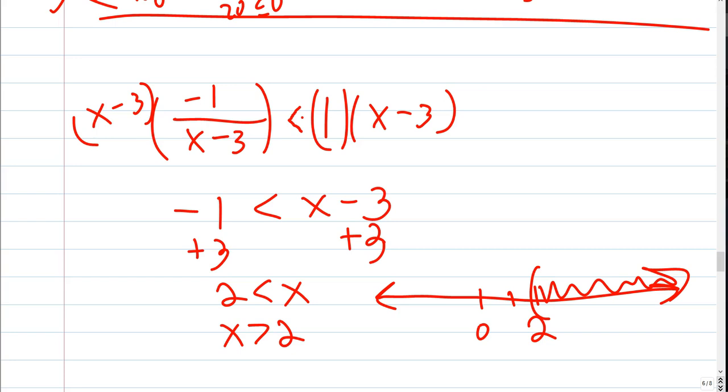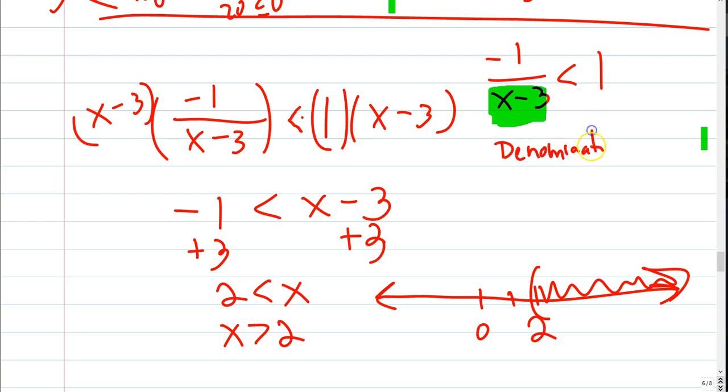One issue, though. See, with our original equation, there's a restriction whenever I have a rational equation. The denominator cannot equal 0, which means x minus 3 cannot equal 0, which means that x cannot equal 3.